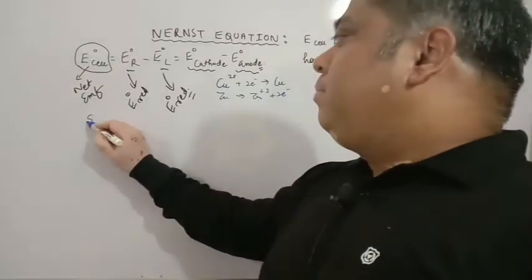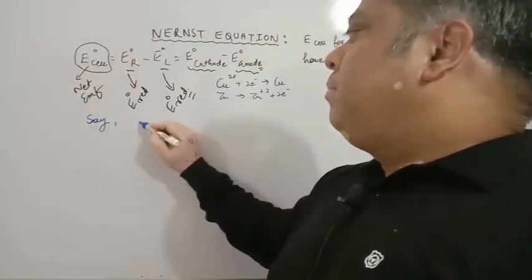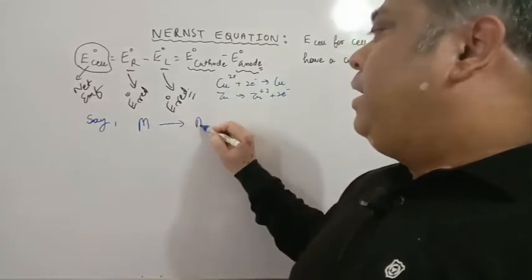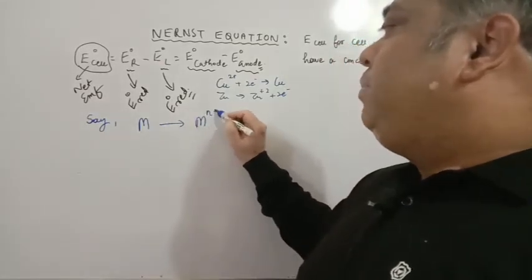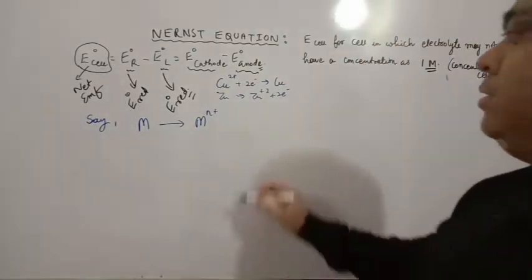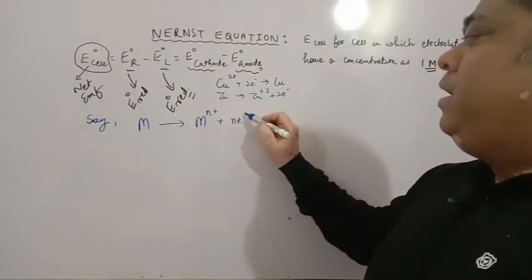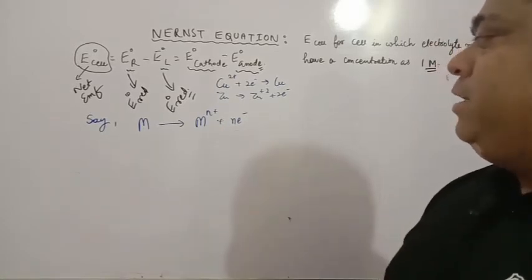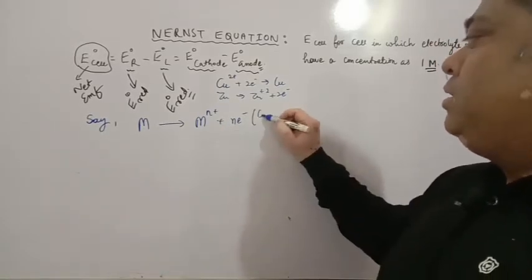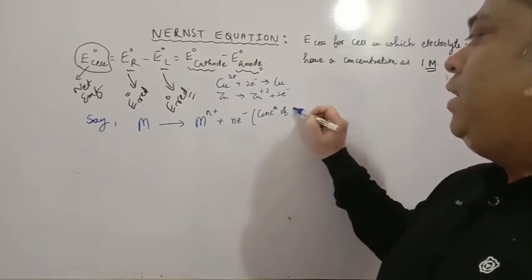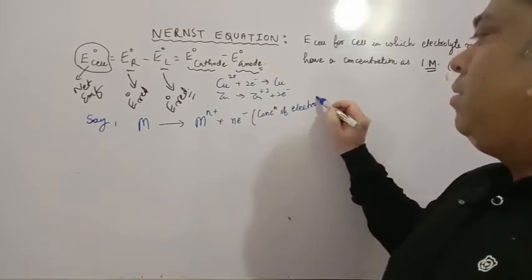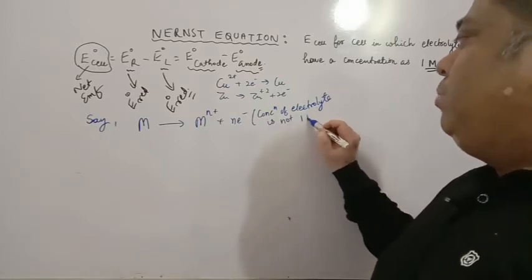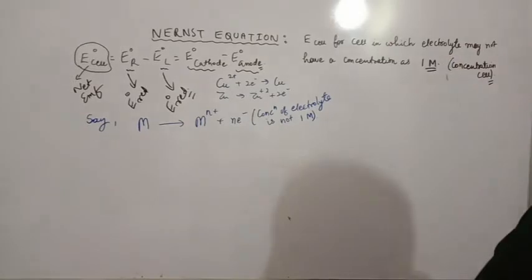Say let there be a metal which loses n number of electrons and acquires n plus charge and goes into the electrolyte and liberates n electrons, such that the concentration of the electrolyte here is not 1 molar.